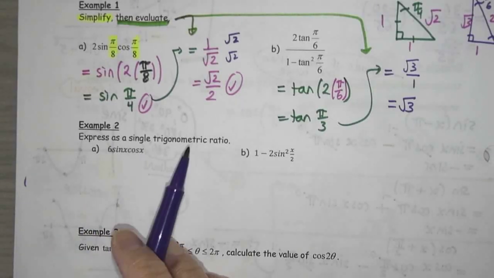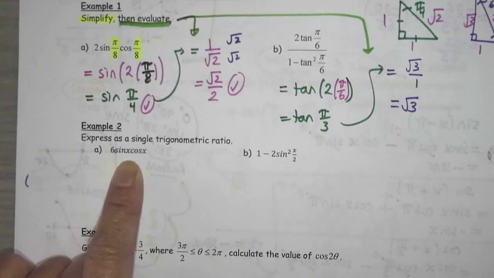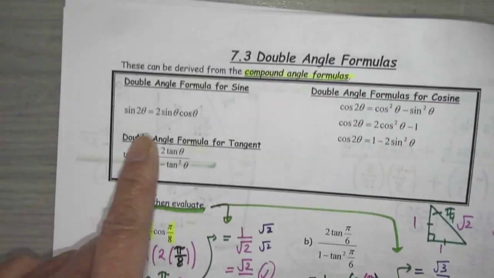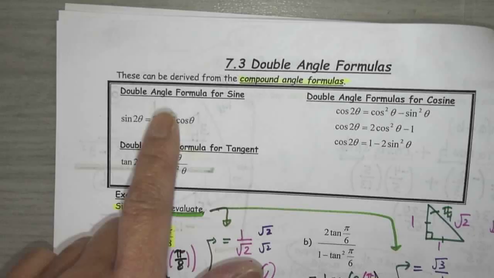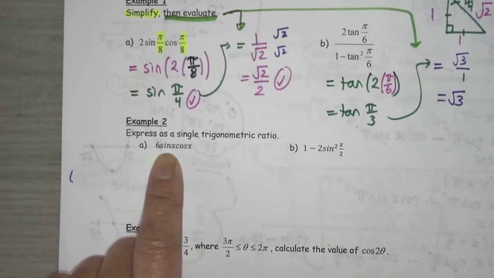Express as a single trig ratio. So it doesn't tell you the method, and this is why I said you have to recognize it. You have to go, wait, that looks very similar or close to the double angle formula for sine, right? So it's 2 sine cos. But it's not 2. It's 6.